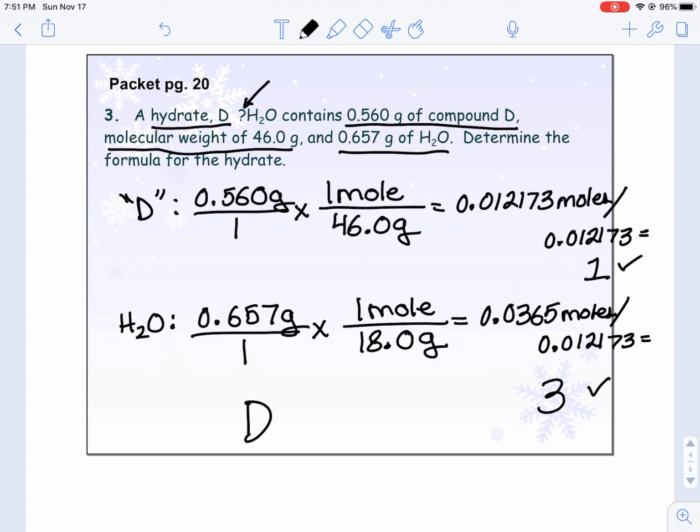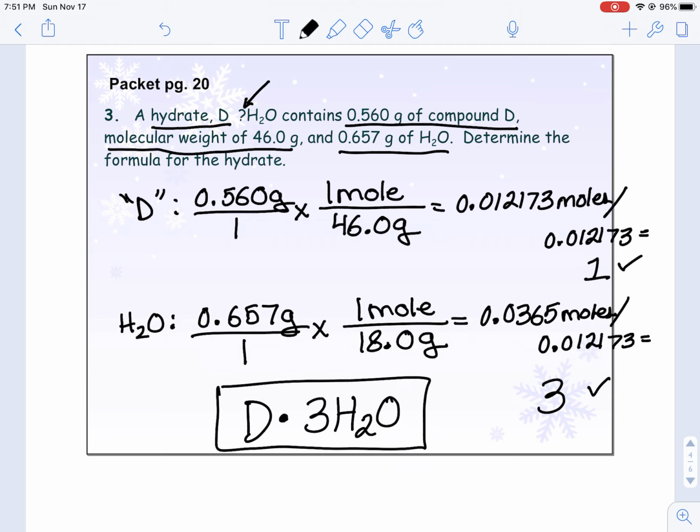So then the problem is asking you for the formula, so you want to make sure that you write that as your final answer. So here my ionic compound is just called D, and then for every 1 mole of D, there are 3 moles of water incorporated. So you show that by writing a dot and then the 3 moles of water next to it.